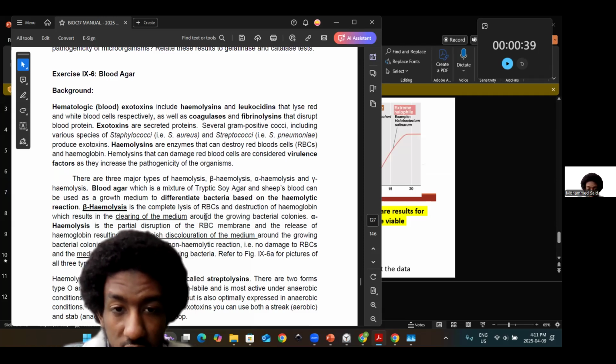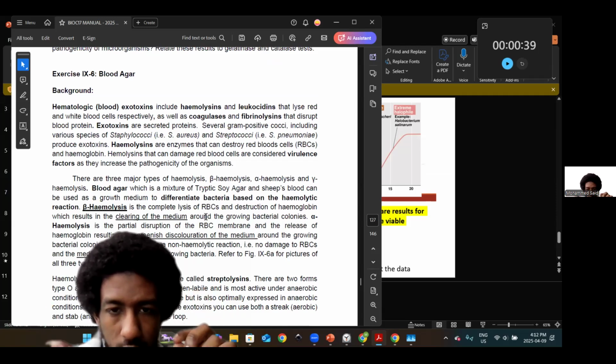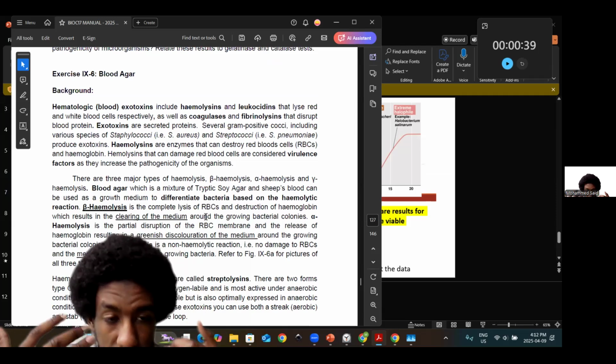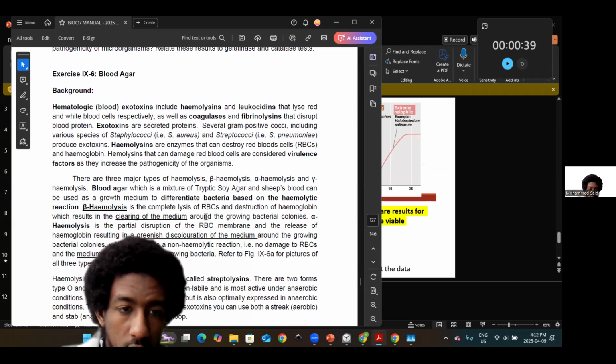With alpha hemolysis, it's essentially these exotoxins that may lead to a partial disruption of the RBC membrane and the release of hemoglobin resulting in a greenish coloration. That's more like faintish red or yellow, so it's more like a greenish hue. It's not a full clearing around the bacterial colonies, which is the case for beta hemolysis, where you have bacteria growing live there.